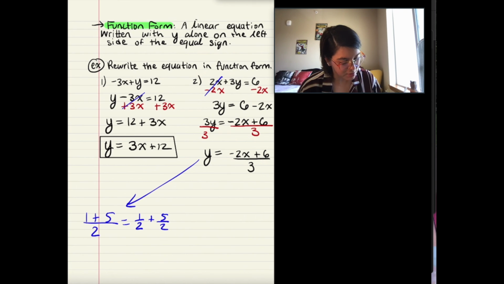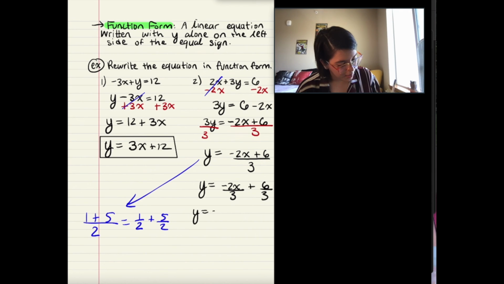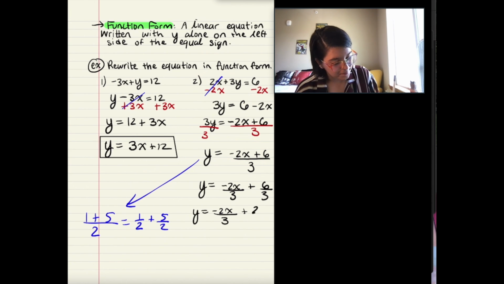So separate it into 2 separate fractions. We'll do a similar thing with our equation. We have y is equal to, we'll write negative 2x over 3 on its own, and we'll write 6 over 3 on its own. And we can go one step further, since 6 divided by 3 is 2. So there we go.